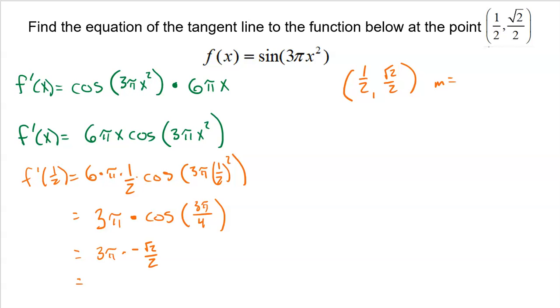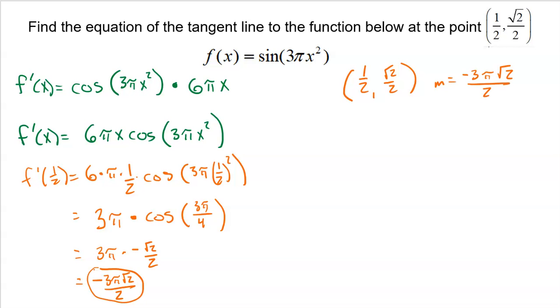So the slope of my tangent line at the point 1/2 comma radical 2 over 2 is kind of an ugly slope, but it is what it is. It is negative 3 pi radical 2 all over 2. I just moved the negative to the front. And again, this is why we encourage that you just leave your final answer in point slope form and don't try to make it harder than it needs to be.